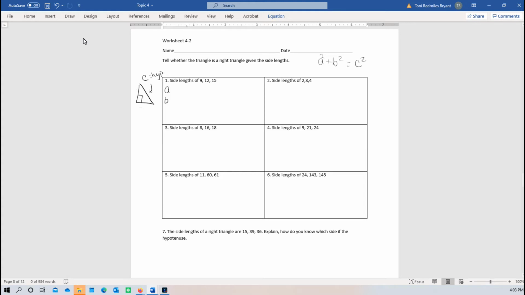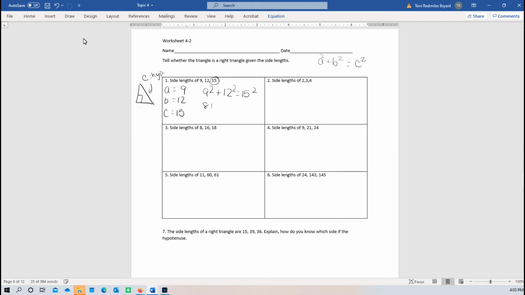So we can look at these numbers and see that 15 is C. So we have 9 squared plus 12 squared equals 15 squared.